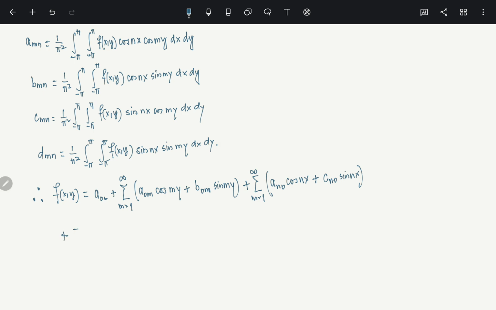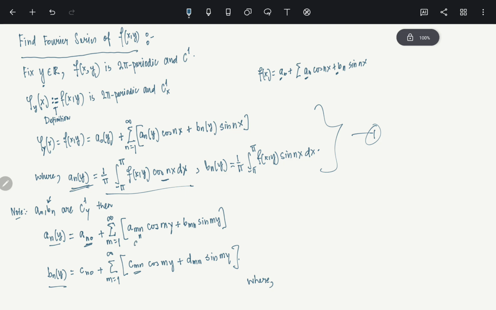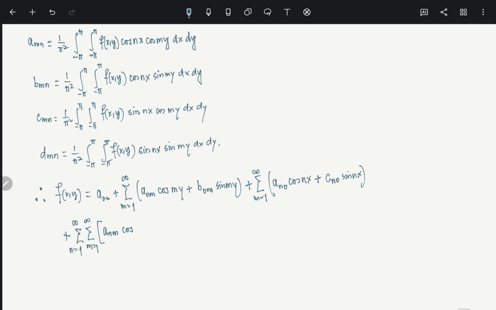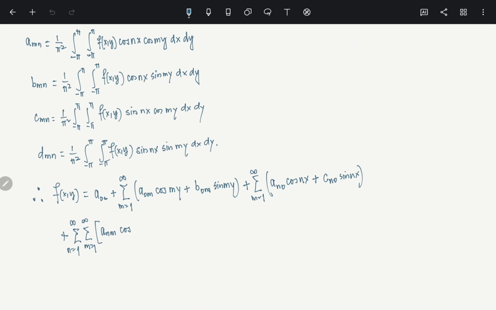Plus you have the double summation now, m equals 1 to infinity, n equals 1 to infinity, and then you have Anm cosine nx cosine my. I wrote it like this, but this should be Anm, this also should be Bnm, this should be Dnm, this should be Cmn. It doesn't matter, it's just a notation, so it's not an issue.